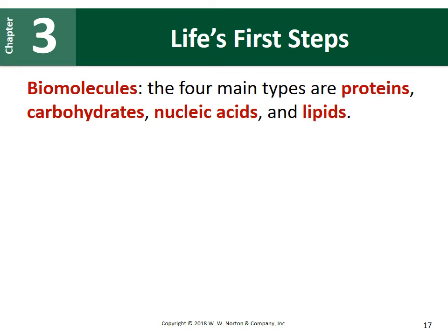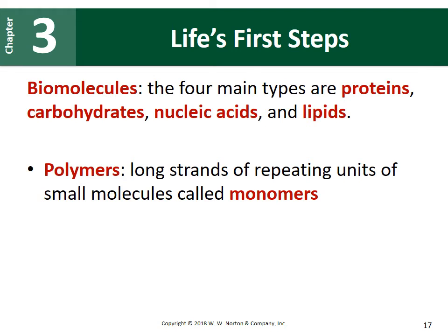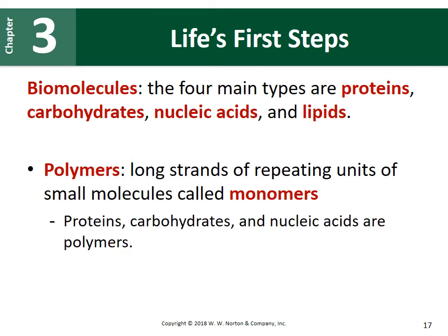Other molecules that we're going to look at are the organic molecules, or they're also referred to as the biomolecules. The 4 main types of biomolecules are proteins, carbohydrates, nucleic acids, and lipids. The proteins, carbohydrates, and nucleic acids, they are called polymers.